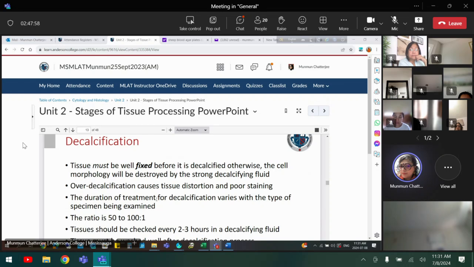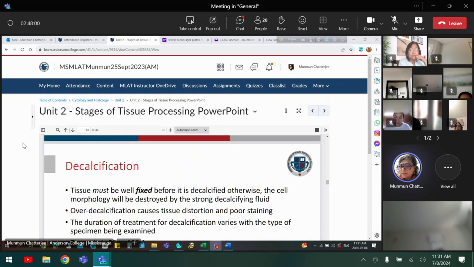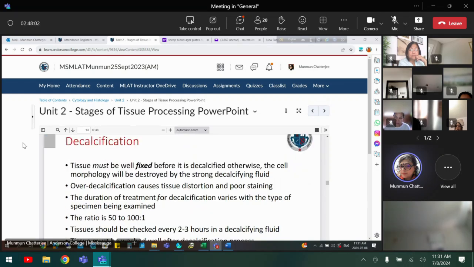So there are some steps for doing the decalcification. Before the decalcification, tissue must be well fixed. Otherwise, the cell morphology will be destroyed by the strong decalcifying liquid.